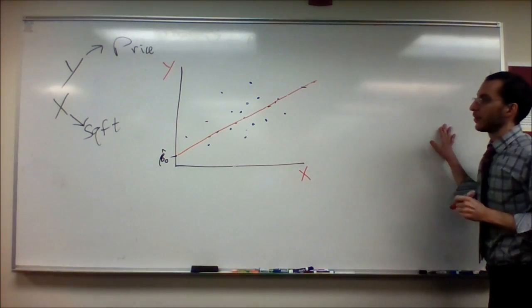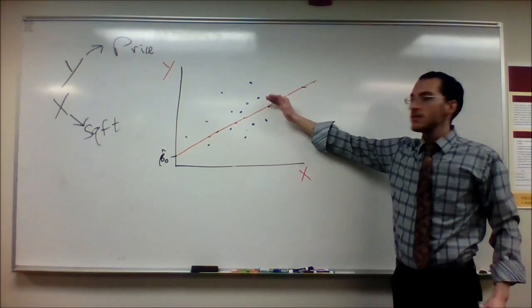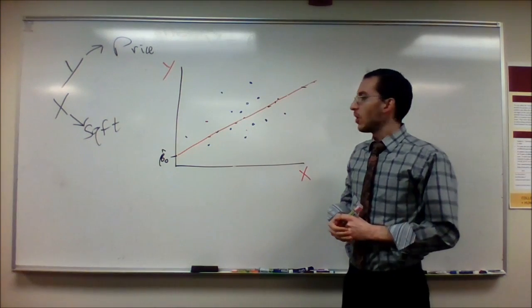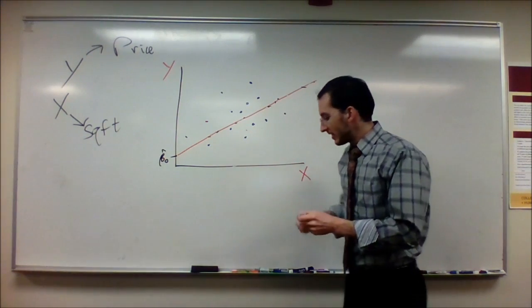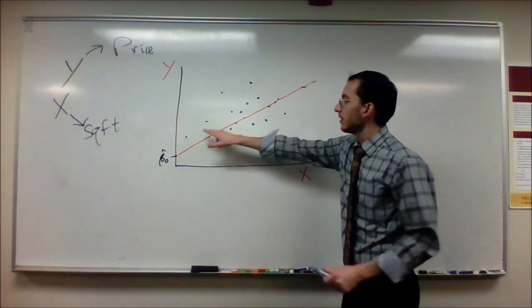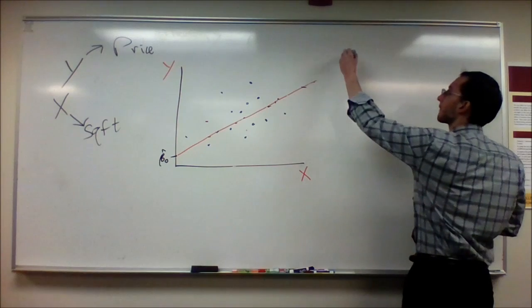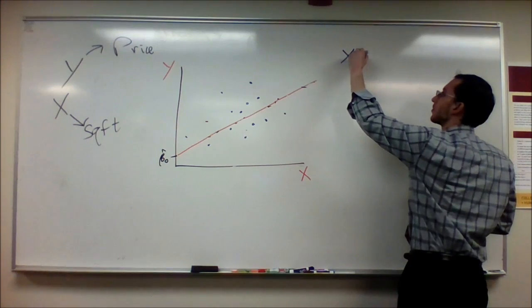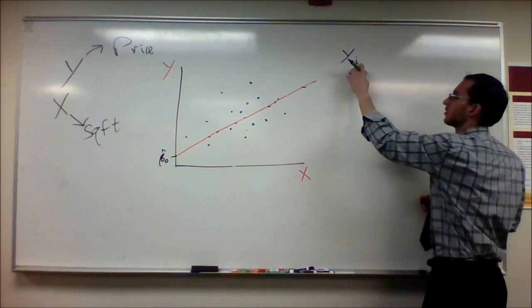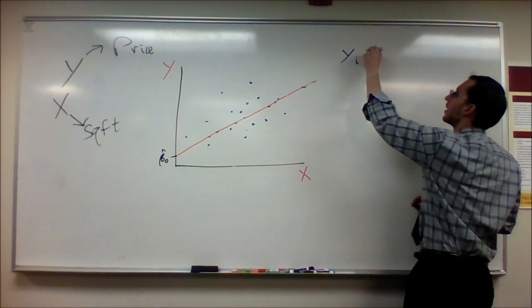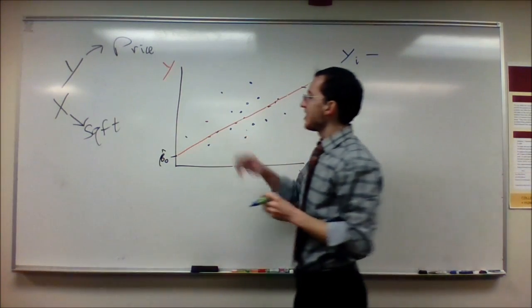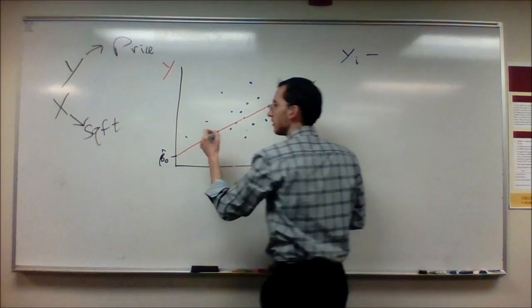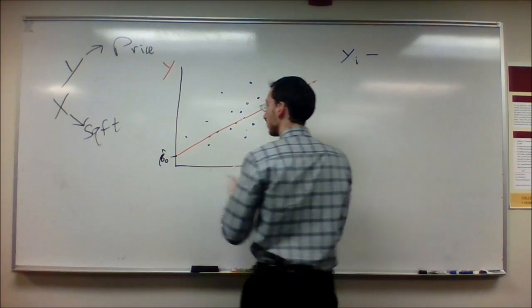I'll do this over here. So when R puts this line of best fit among these data, what it's doing is taking each value of y, I'll just write yi, some value of y, and then it's looking at the distance between the point and the line, which I will indicate.